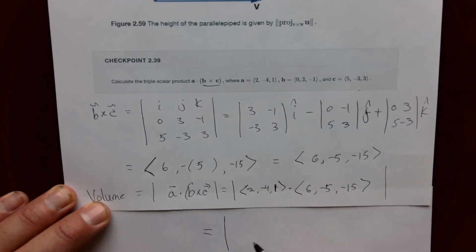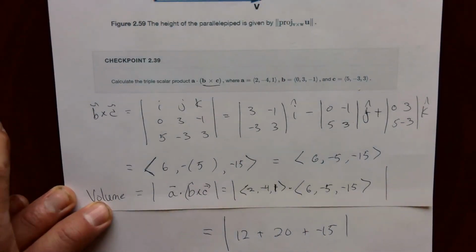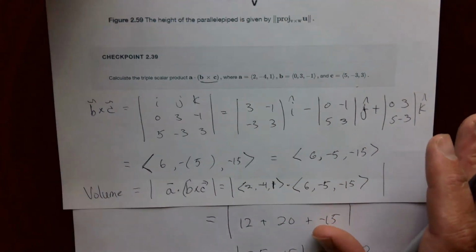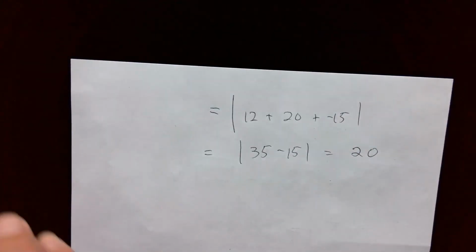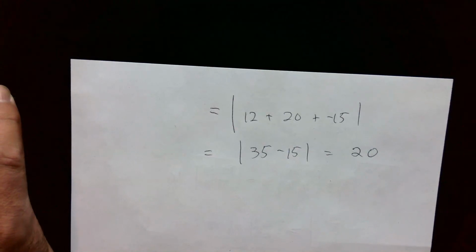So the absolute value of 12 plus -4 times 5 is 20, plus 1 times -15 is -15. So it will be the absolute value of 32 plus 20 minus 15, which is going to come out to 20 after we take the absolute value. So that will be the volume of the parallelepiped determined by those vectors A, B, and C.